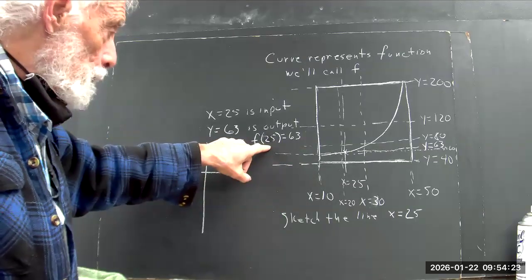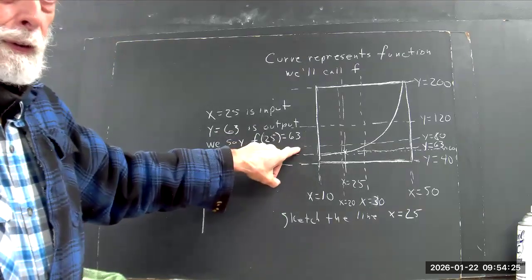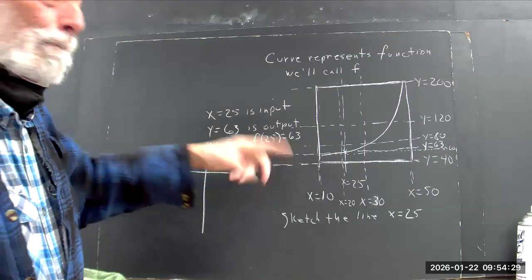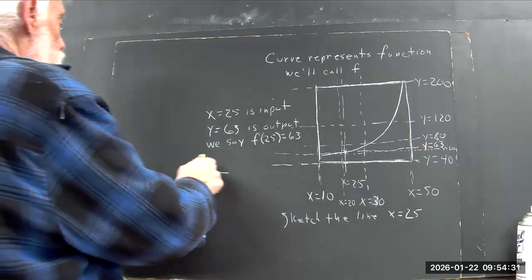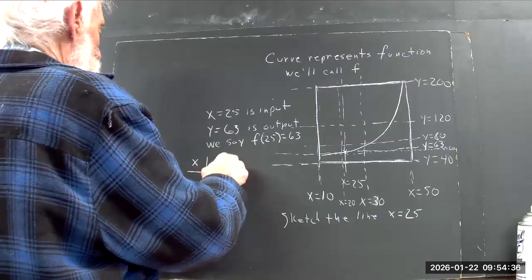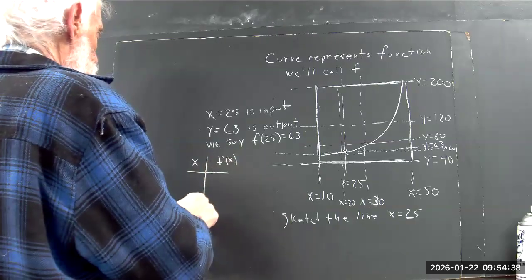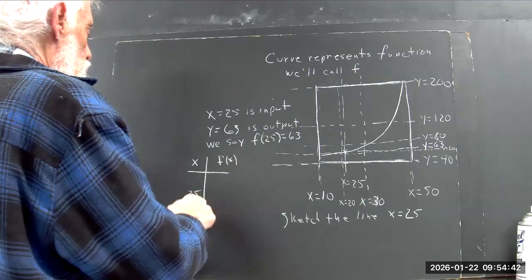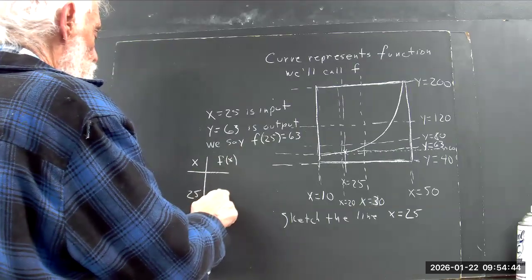This says if your input is 25, your output is 63. Make sense? So I'm going to put x here and I'm going to put f of x in this column. So if x is 25, f of x is 63.